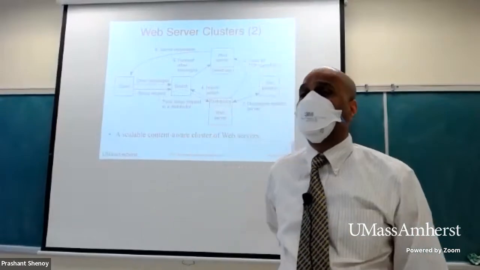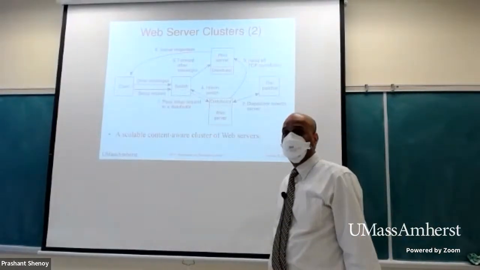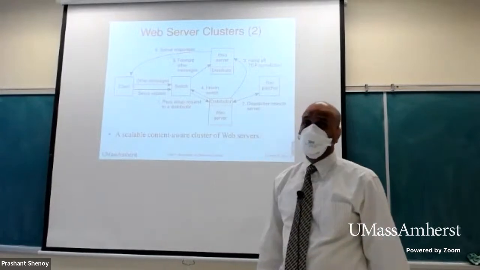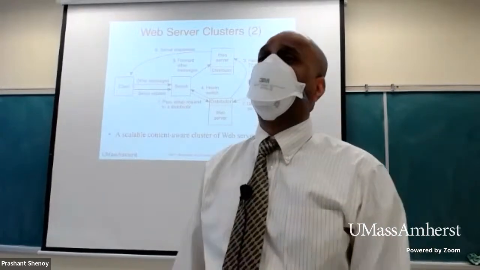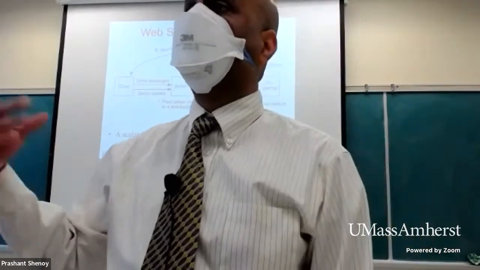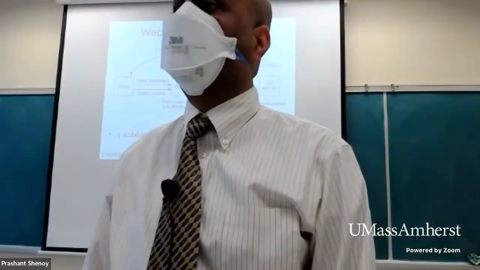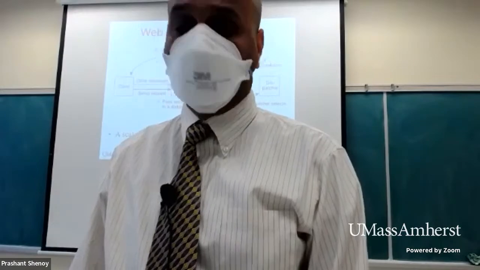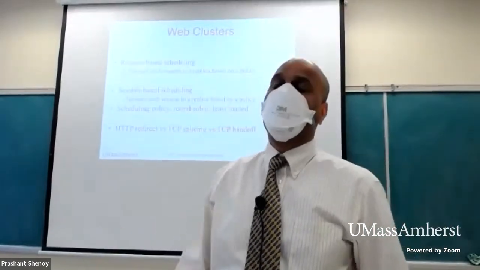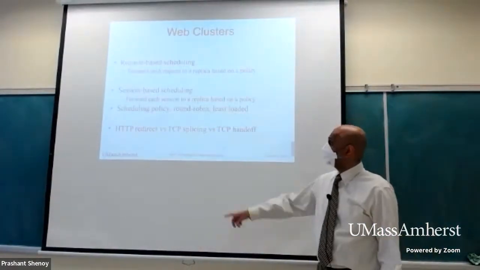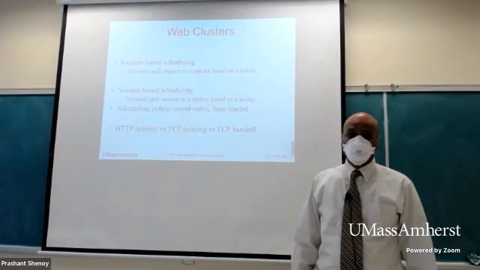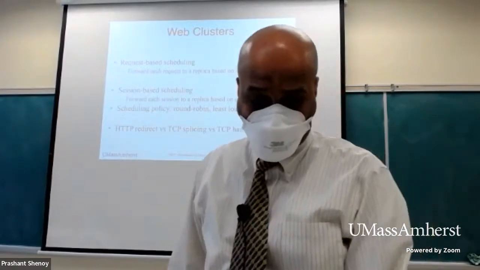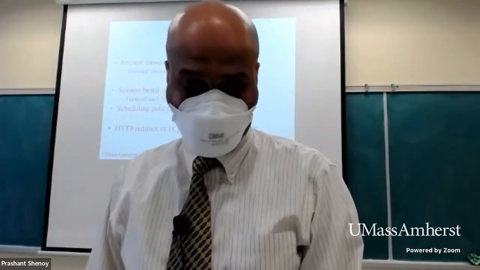So you have to use one of these multiple mechanisms for that forwarding to work. The simplest one, as I said, is simple HTTP redirect, where you make an HTTP request and it's just handed off to another machine. So these are all details of how some of these low-level things work. You can use one of these mechanisms, and different types of load balancers use different mechanisms.